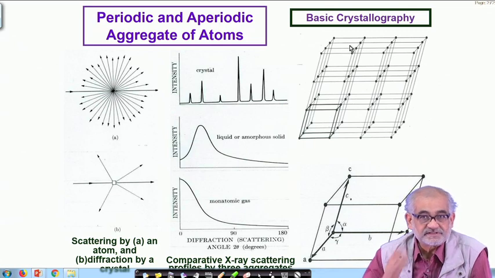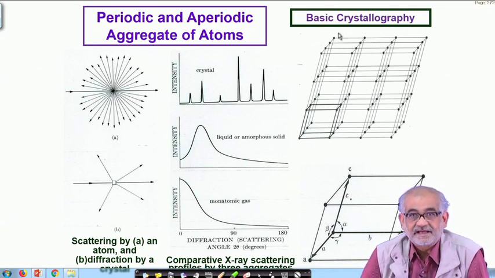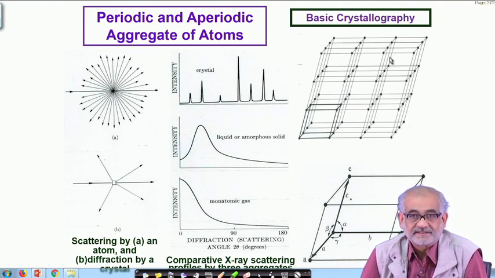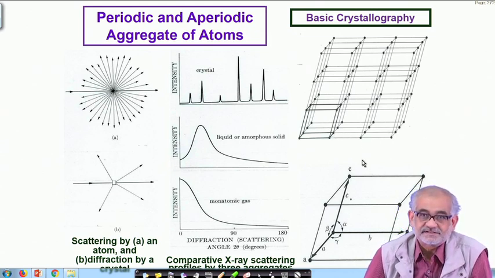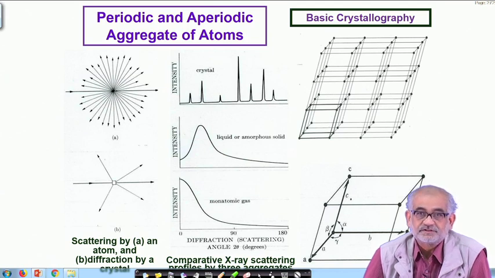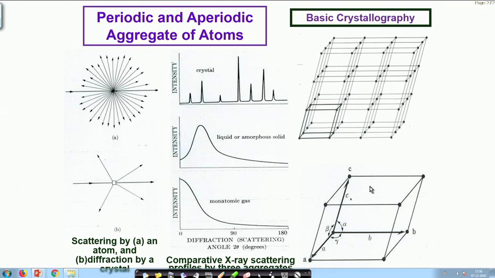If these points are distributed in space at some regular intervals, both along x, y, and z direction, then essentially what you have is a cage of these points, and you call it a point lattice. The smallest building block of the point lattice is called the unit cell, which is characterized by 6 possible parameters, and we call them lattice parameters. So unit cell is nothing but the smallest building block, which when repeated in 3 dimensions, you get back this 3 dimensional point lattice.